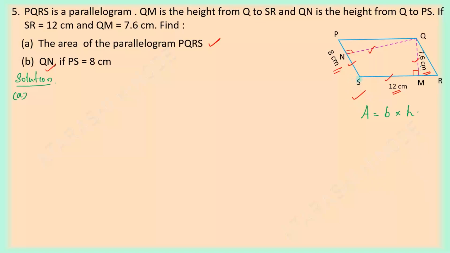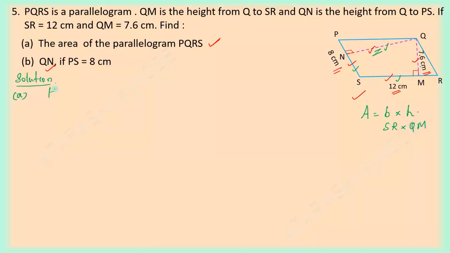If we take the base PS, then we have to take the height QN because it is the height to the base PS. And if we take the base SR, we have to take the height QM. But here, the length of QN is not given. So we will take the base SR and the height QM.